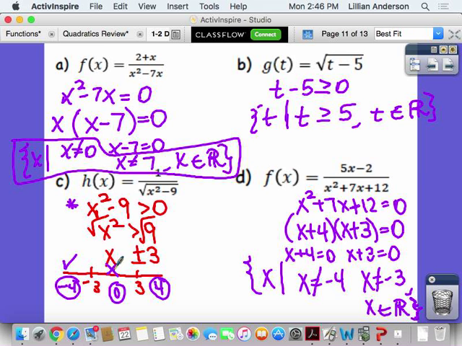And when I plug in 4, what do I get? Same thing. Is it greater than 0? So everything that's in the check mark regions is a part of our domain. So everything that's less than -3 and everything that's greater than 3. That is our domain. How do you want to write it?